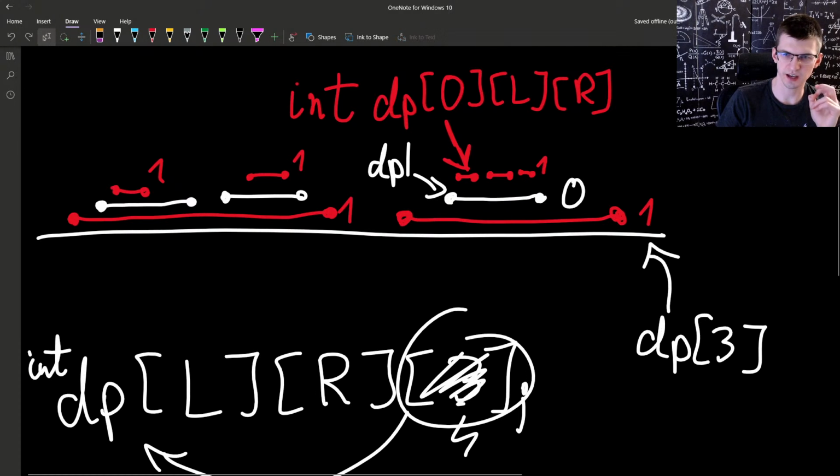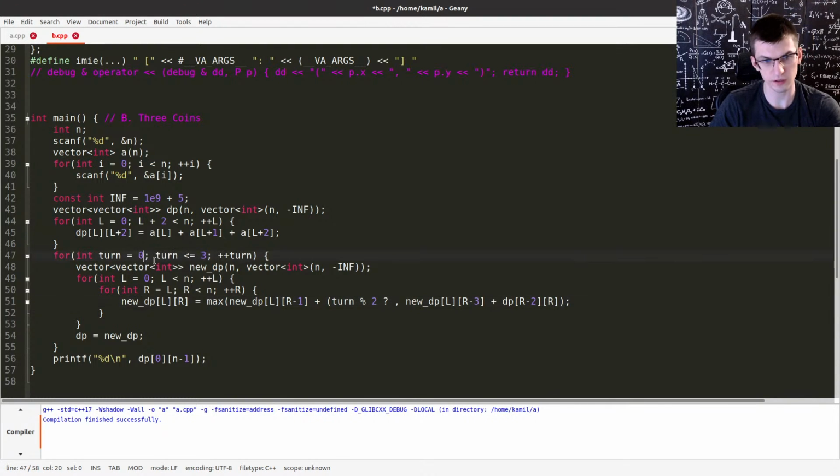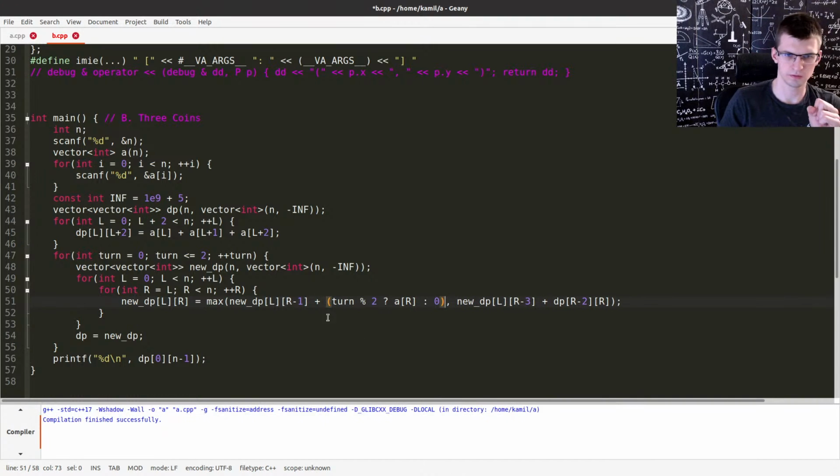In the second stage, everything that is not a hole has a value of A of I. Turn modulo 2. If yes, then nothing. It's number stages from 0 to 3. A of R, else 0. Let's just call it second stage.